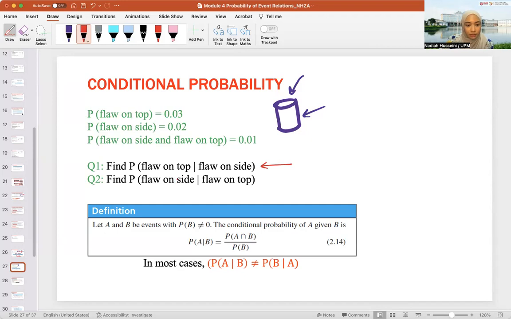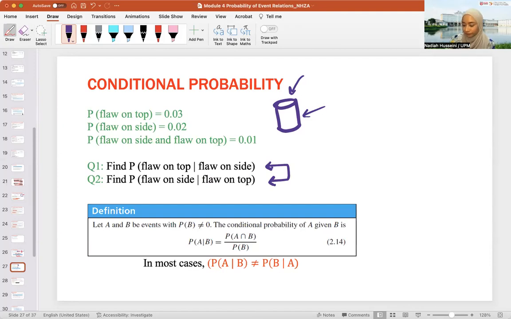Okay, so for question number 2, find the probability of flaw on the side given flaw on the top. So based on your friend's answer, I would say the flaw on the top is my limiting parameter that limits the sample space. Now my question to you is, is this answer the same or is it not the same?